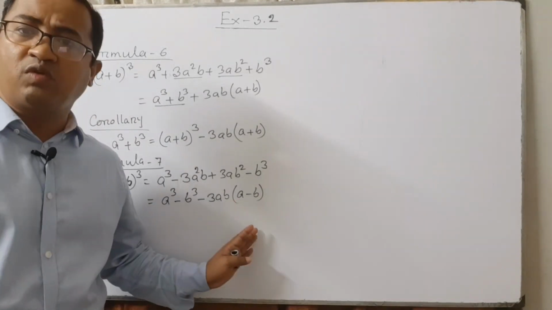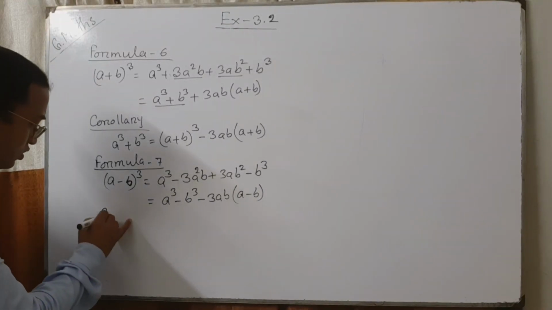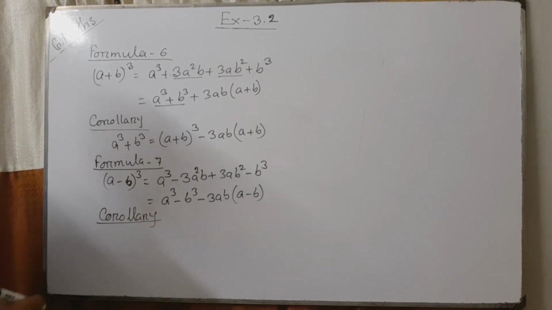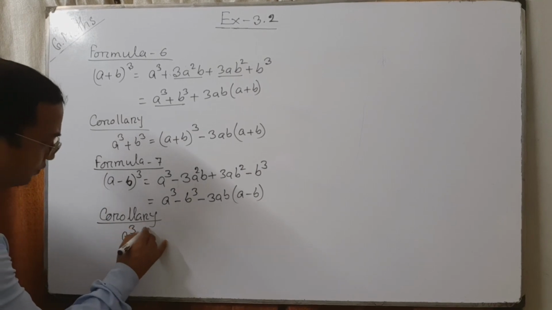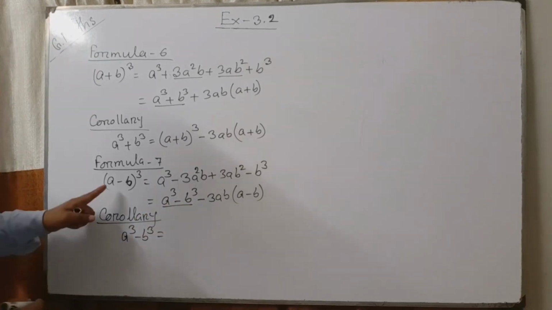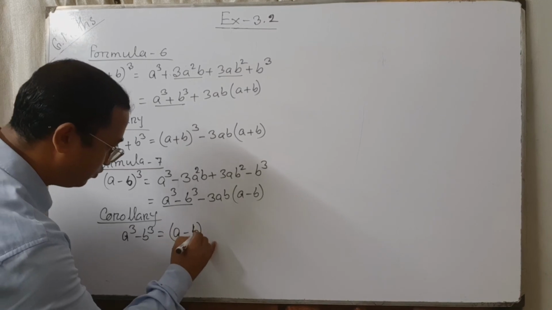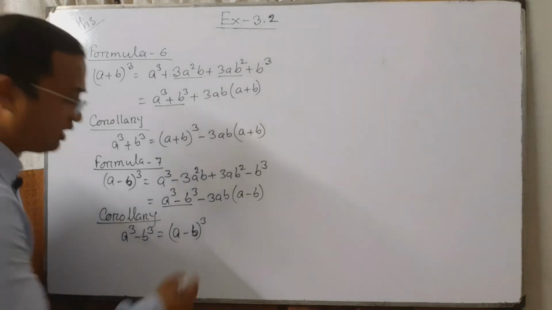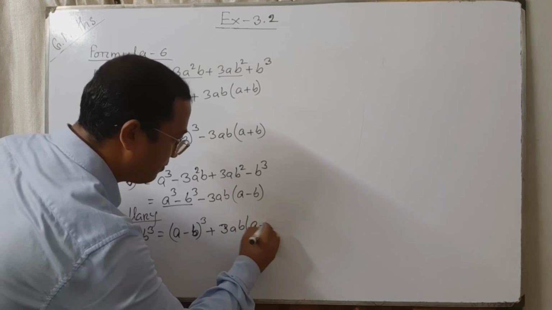Now from this formula we also can write a corollary. Look at the board. Corollary: a cube minus b cube equal to a minus b whole cube, and minus 3ab into a minus b becomes plus 3ab into a minus b.